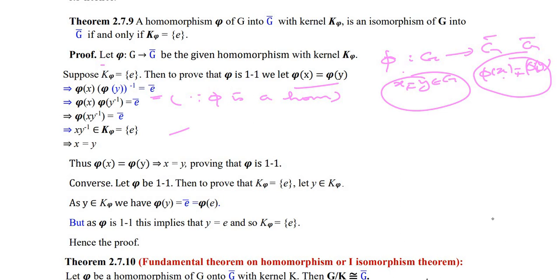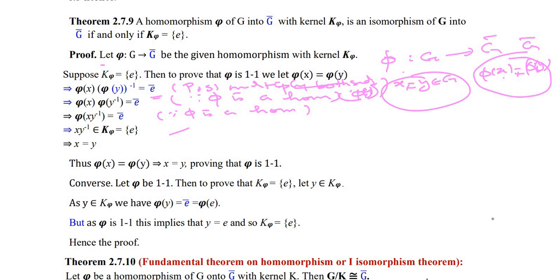The previous one is post multiplying both sides by phi y inverse. And for the second step, phi is a homomorphism, and that is why you get phi of x into phi of y inverse to be phi of x y inverse equal to E bar.